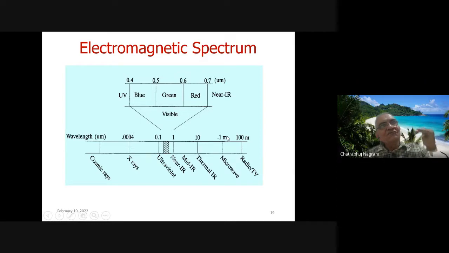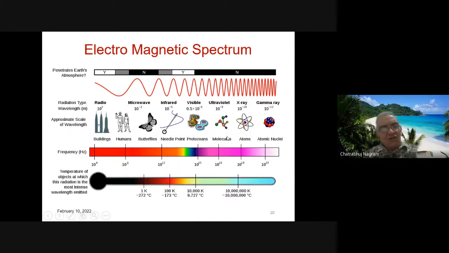I will not go into this slide because it repeats the wavelengths of microwave, infrared, visible and ultraviolet. Ultraviolet, as you know, is from almost 100 nanometer to 400 nanometer, just below our blue light.